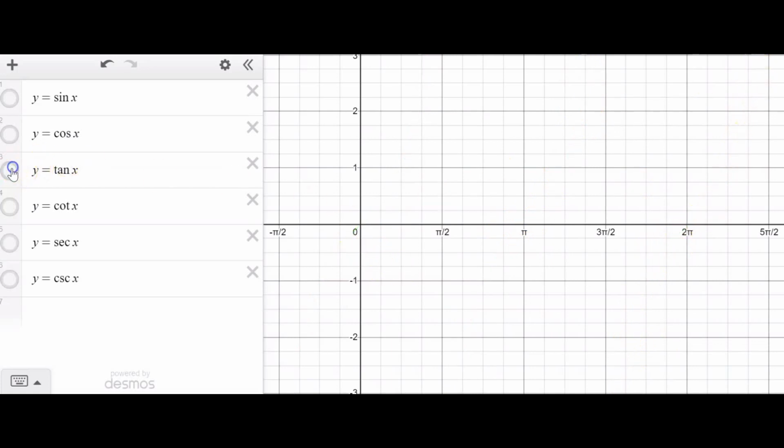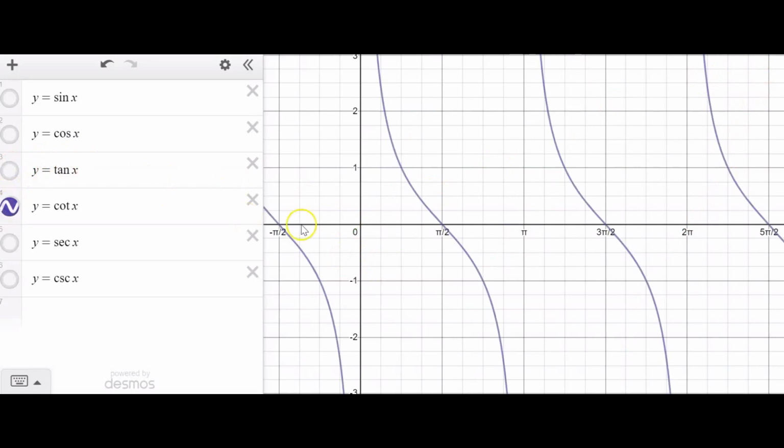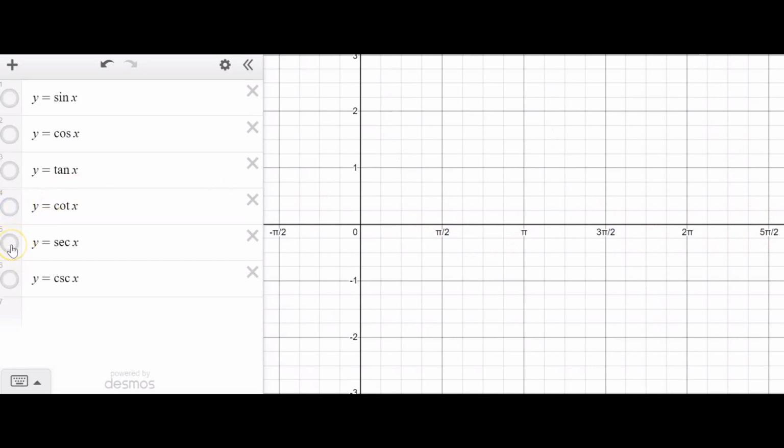Cotangent does something very similar, but instead it starts at positive infinity and comes down and goes down to -infinity. And instead of hitting 0 at 0, pi, and 2 pi, it hits 0 at pi over 2, 3 pi over 2, and 5 pi over 2. Okay? Then secant and cosecant have a very similar shape. They have the down then up, and then the up and then down.